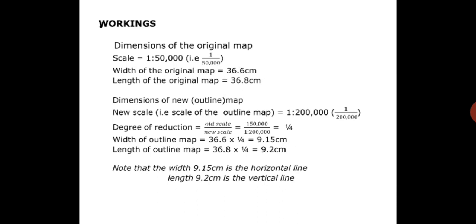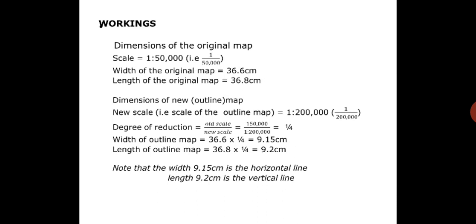The width of the original map is 36.5 cm. Length of the original map is 36.8 cm. Dimension of new outline map, new scale, that is the scale of the outline map, equals 1:200,000. That is our original example, the question.